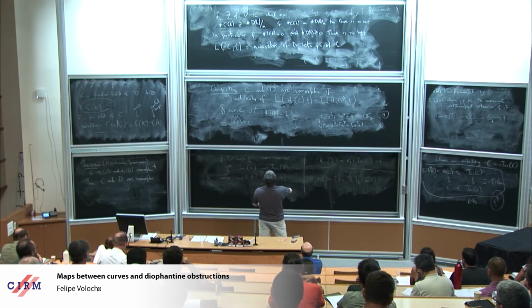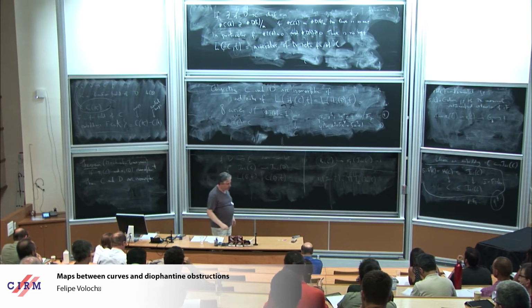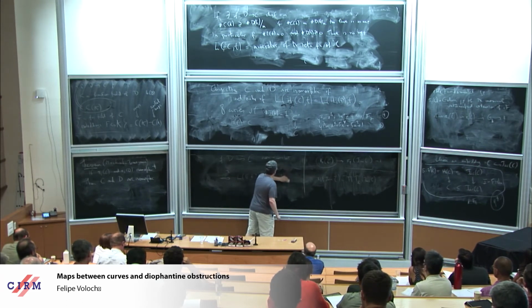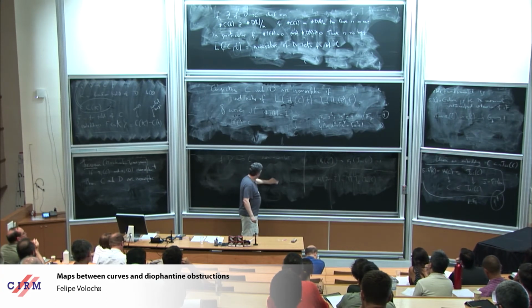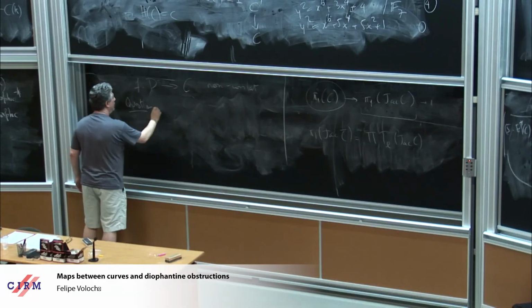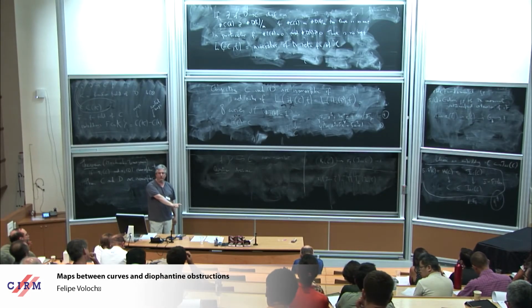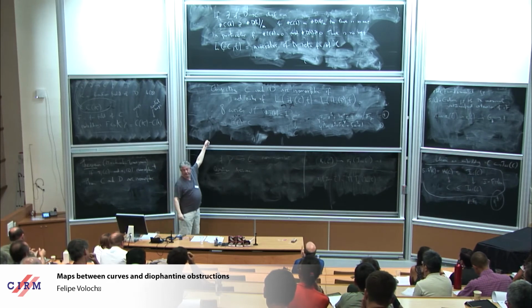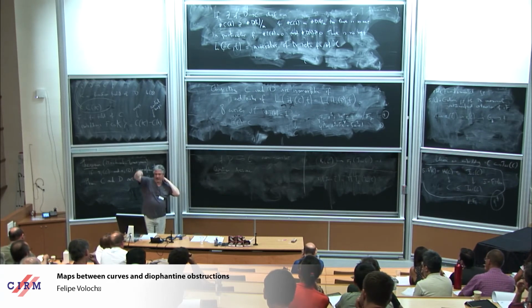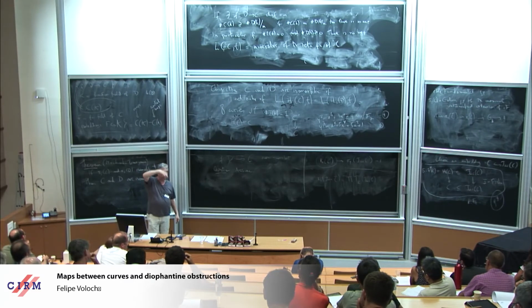Where is my conjecture? It's up there, here. Okay, so what would you do for maps? Well, we can try. I'm going to ask this as a question. So assume, and for this question I do have to exclude the 8 curves which have class number 1, because you don't get anything else by taking the covers, and you don't expect to get an obstruction out of this cover.